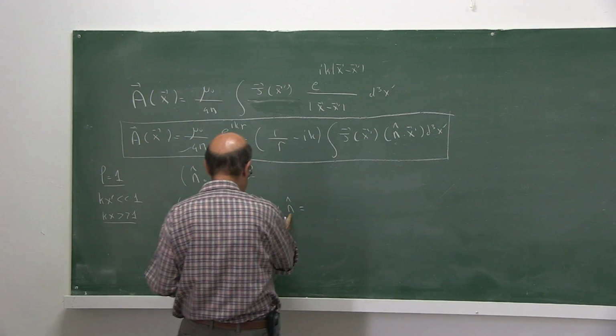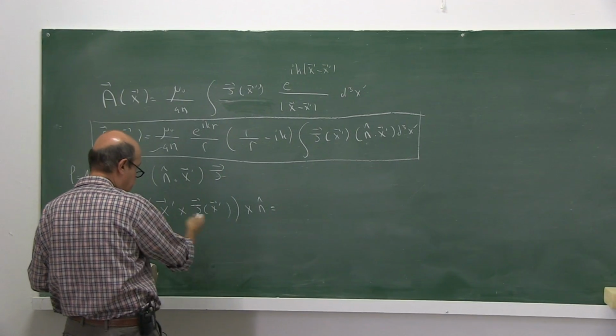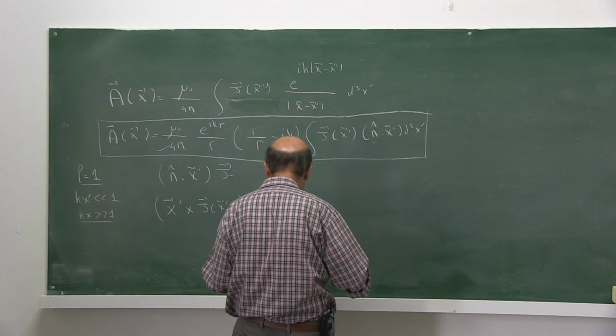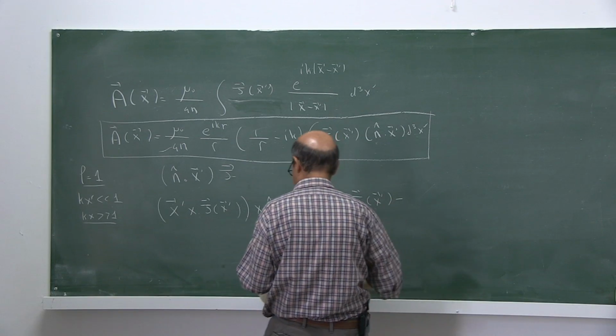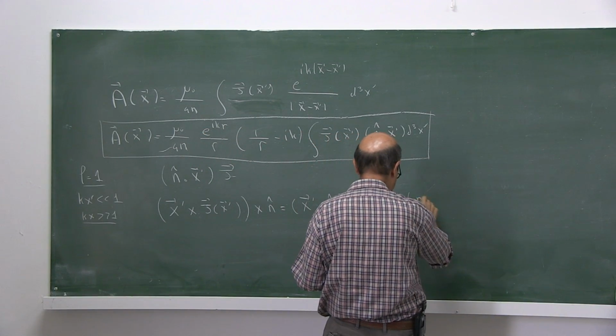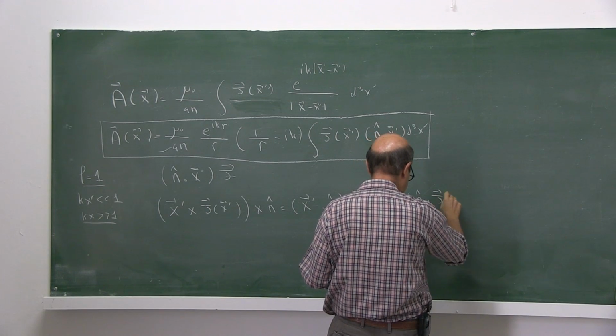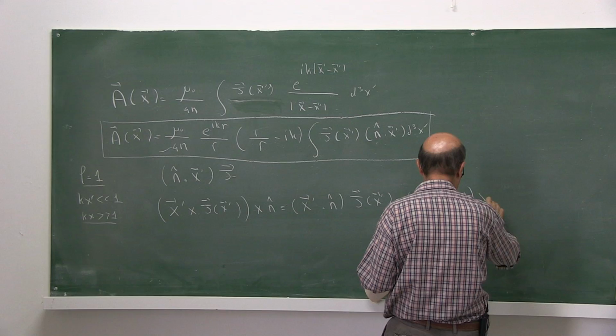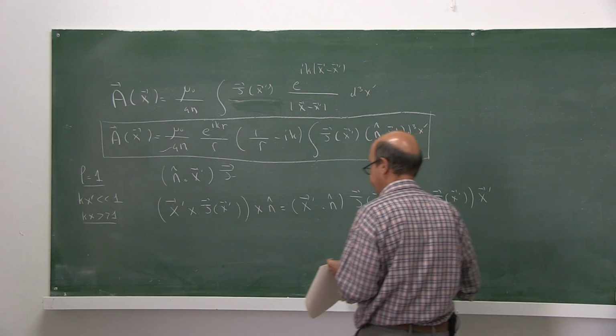That is equal to, taking this to the other side with the negative sign and using the double cross product rule, you will get minus n dot current density along x prime.